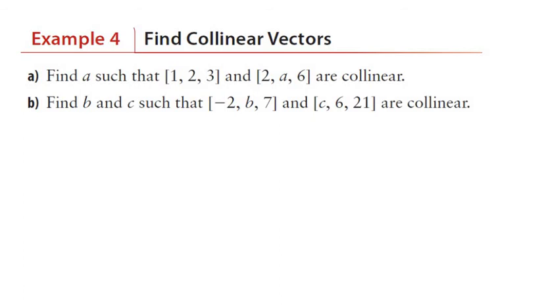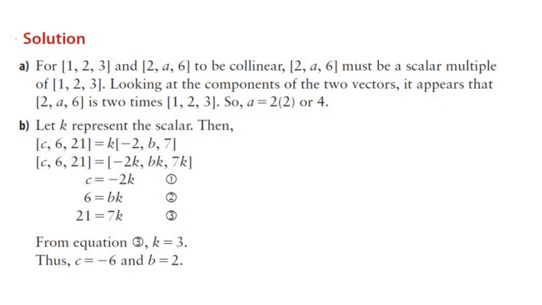So we have negative 2, 2, and 7. On the other side, we're going to have negative 6, 6, and 21. So let's see the answer. That's how we have it. c is going to be negative 6, and b is going to be 2.